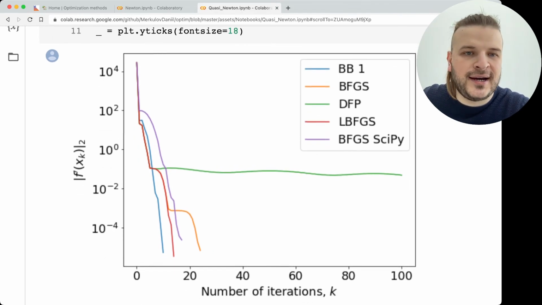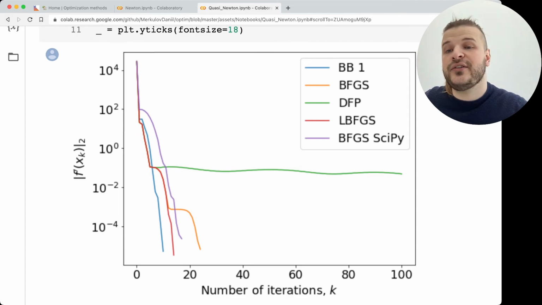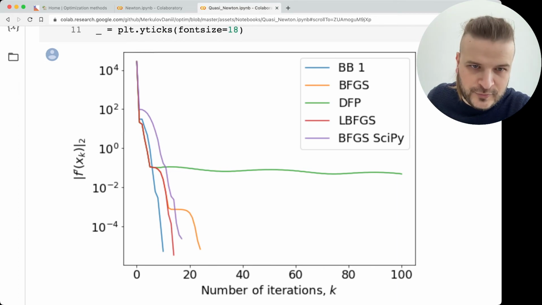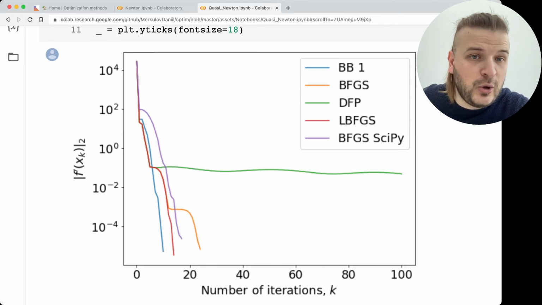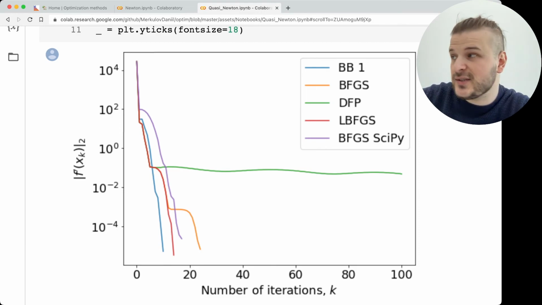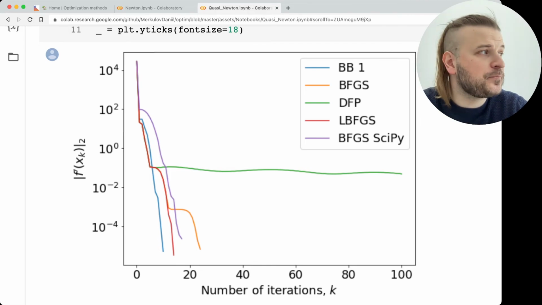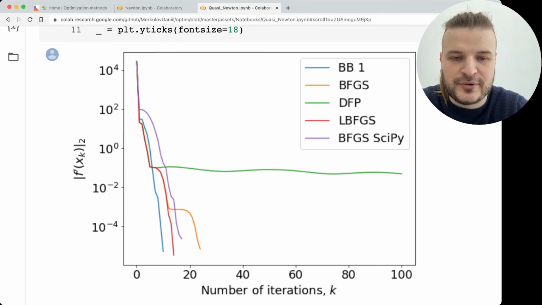All these methods are first order, which means that they do not know any information about the Hessian directly, but they all try to estimate the curvature using the first order information. Here we have the Davidon-Fletcher-Powell method, BFGS, and one more modification of BFGS with limited memory, which is also quite well known for practical performance.